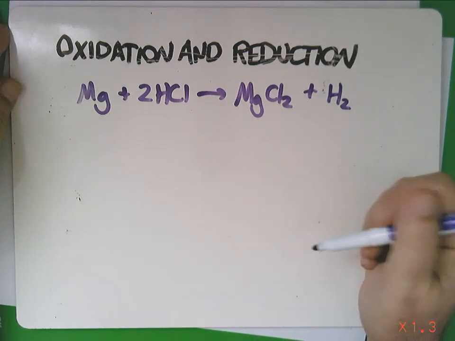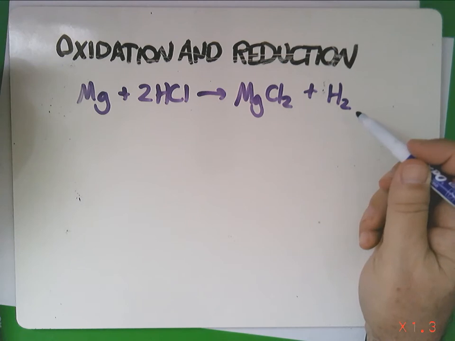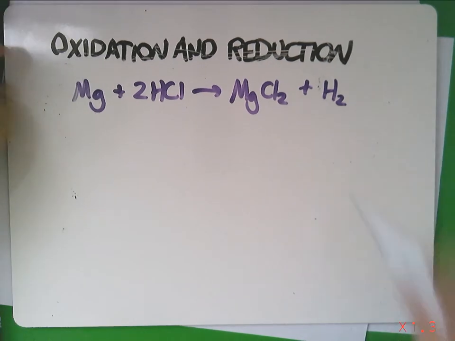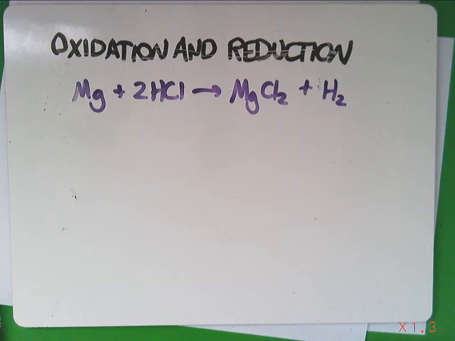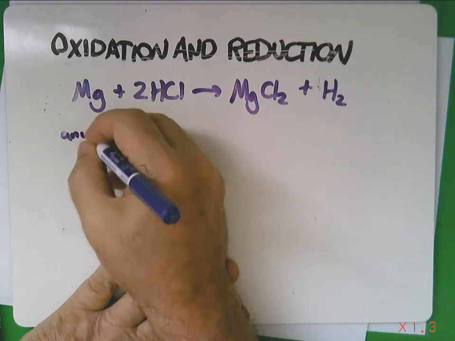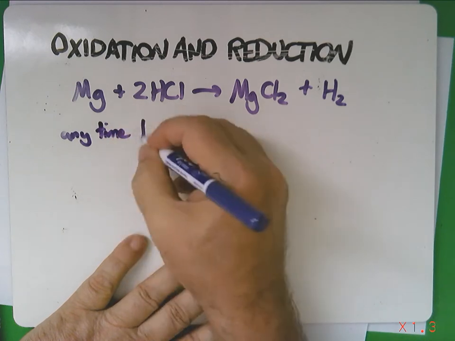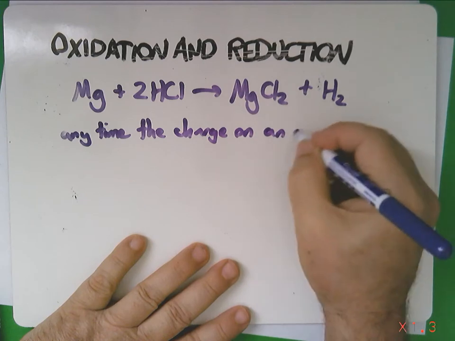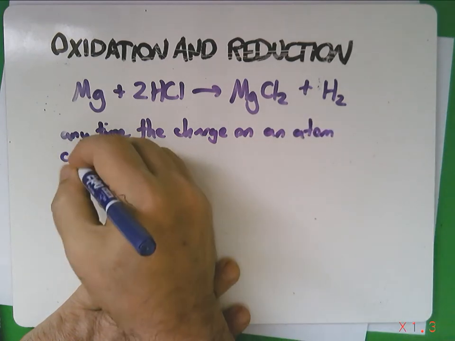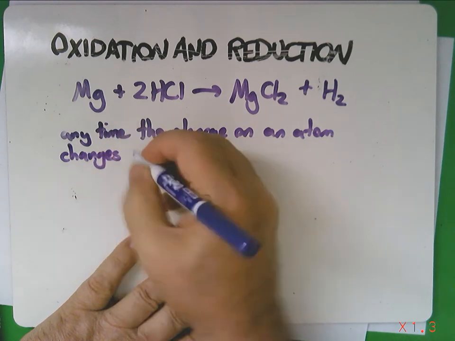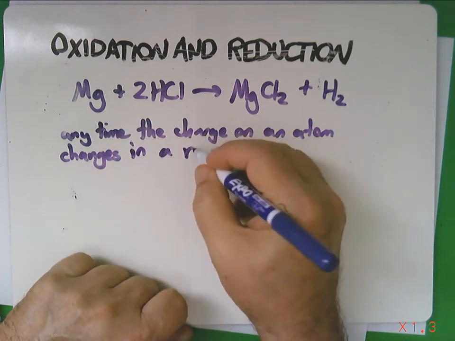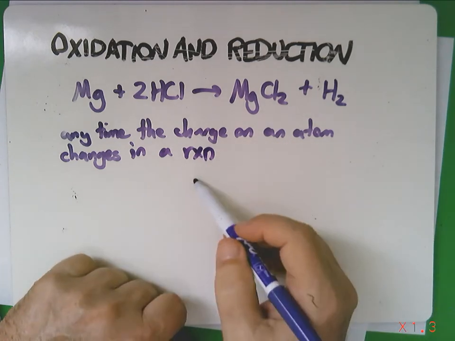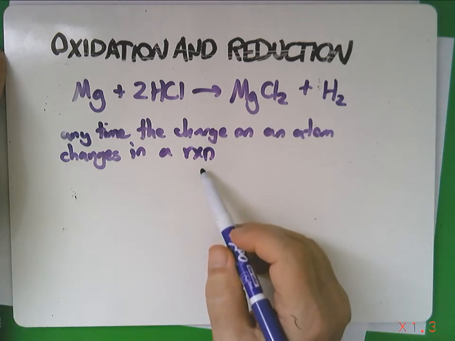All right, so let's figure out what's going on here. This is a redox reaction, and here's how I can tell. If I assign charges to all of the atoms in this reaction, I can see that the charges on some of the atoms change. Anytime the charge on an atom changes in a reaction, and I'm going to start using an abbreviation, and you're going to see me do it, I'll do it without even thinking about it sometimes, so I might as well introduce it here.